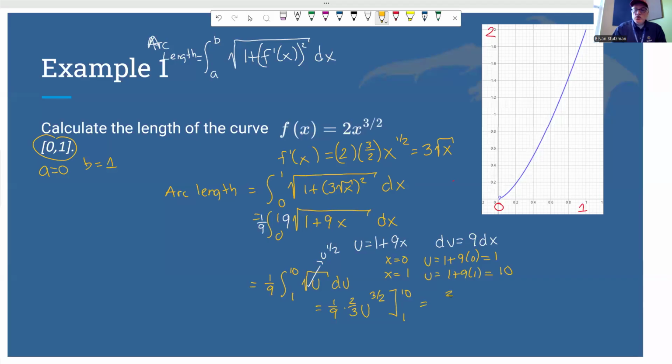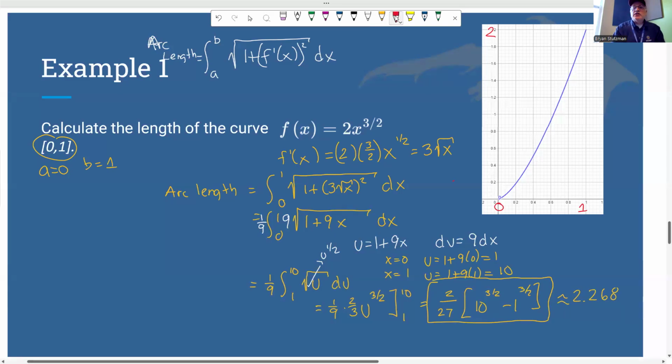So I get 2/27 times 10 to the 3/2 minus 1 to the 3/2. Which is approximately 2.268.